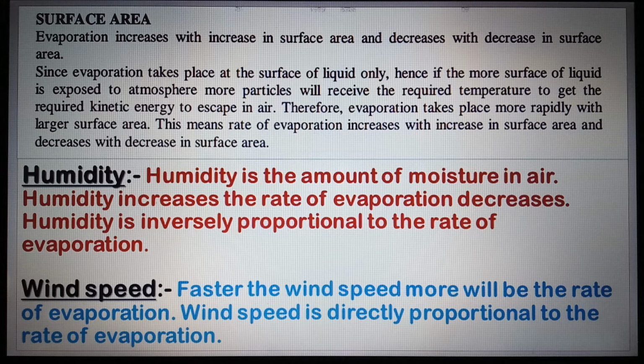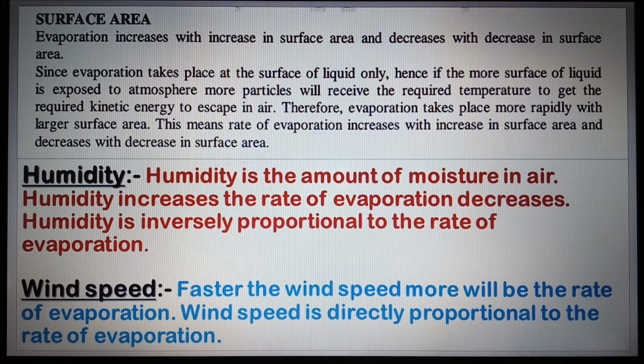That's why during the rainy season it is very difficult for clothes to dry easily, because more moisture is already present in the atmosphere, and taking more vapor from the cloth is quite difficult. Hence we use electric heaters and so on for drying clothes. So humidity is inversely proportional to the rate of evaporation, meaning increasing humidity decreases the rate of evaporation.